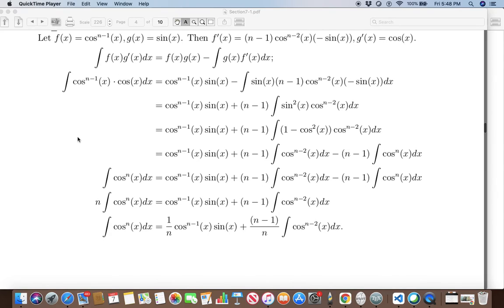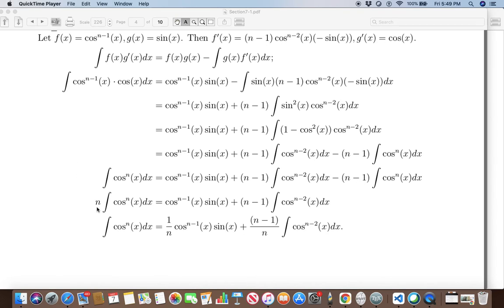All right. So what does this say? This is nothing but the integral of cosine n, you see. The integral of cosine n is cosine n minus 1 x sine x plus n minus 1 times the integral of cosine n minus 2, minus n minus 1 times the integral of cosine n. Cosine n comes back to cosine n. So get these two terms together: 1 over here, n minus 1 from here.